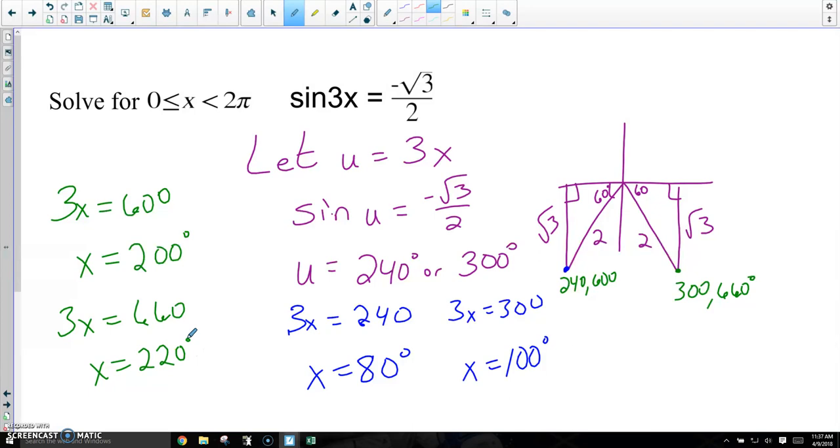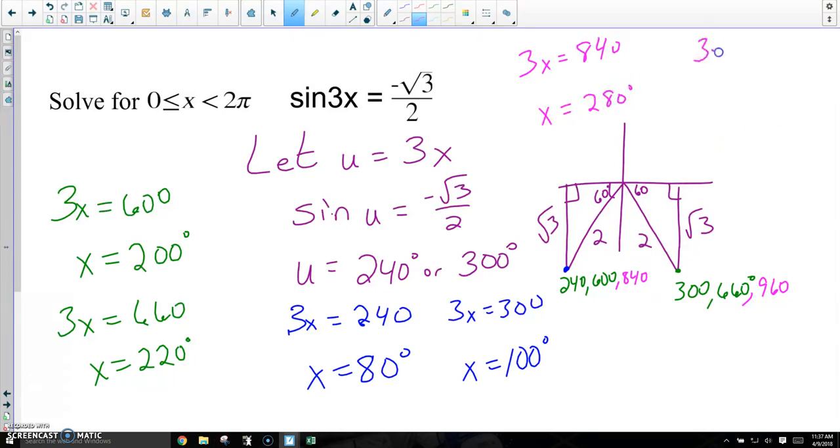Well, what if I took it a whole other round? So if I took 600 plus 240, I get 840. And if I take 660 plus 300, I get 960. So set 3x equal to 840. X goes in there 280 times.